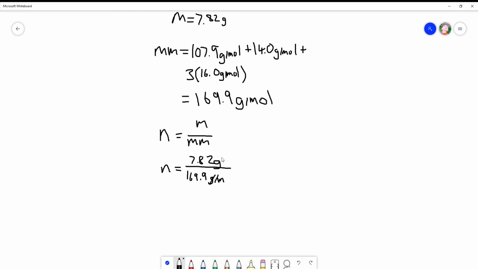And so the grams cancel each other out, and we're left with roughly 0.046027 moles.